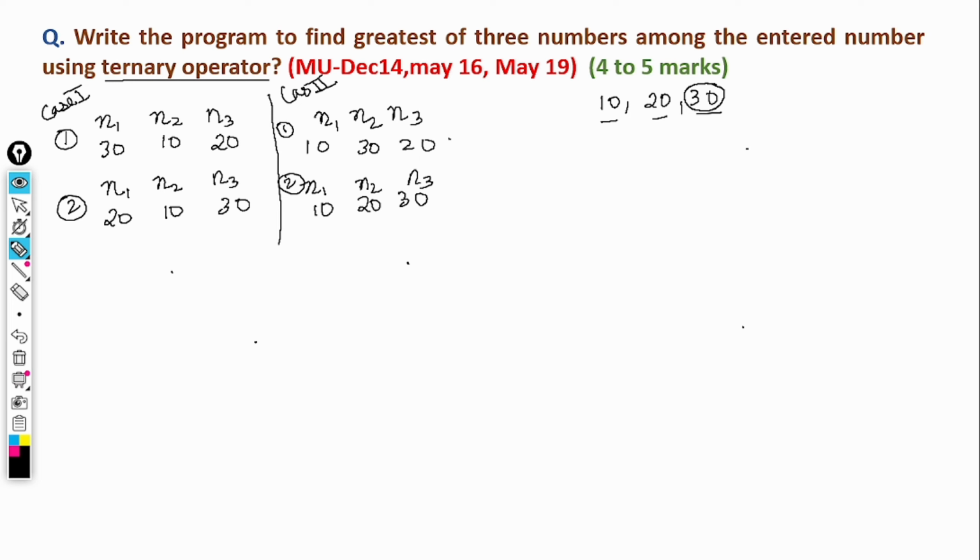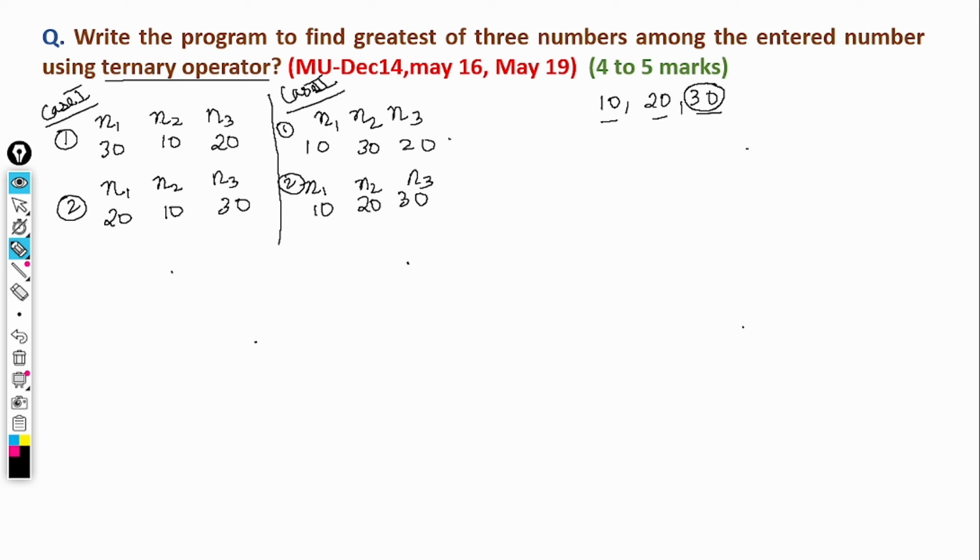See, I have made 2 cases over here for simple explanation. In the first case, 3 numbers are written: n1, n2 and n3. These 3 numbers, 10, 20 and 30, have been arranged in a certain manner. In case 1, n1 is greater than n2. You see over here, n1 is greater than n2: 30 is greater than 10.